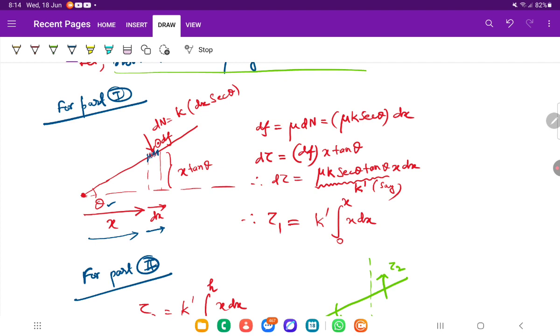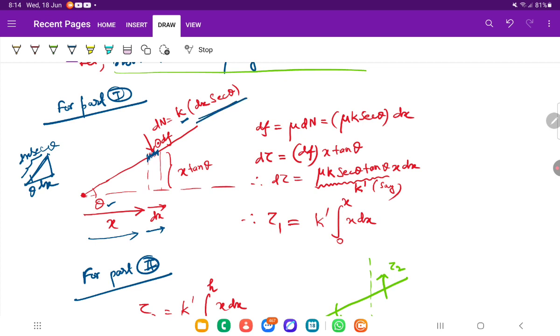As I've assumed that k is the normal reaction per unit length, this distance will obviously be dx sec theta, because you can see this triangle. Visualizing this triangle, this length is dx and this length will be dx sec theta on the slant face. So dN, the normal reaction on this small differential part, will be k times dx sec theta.